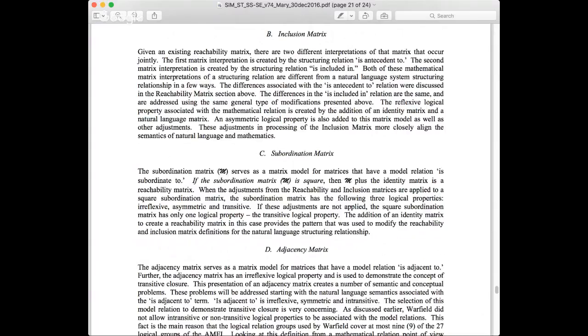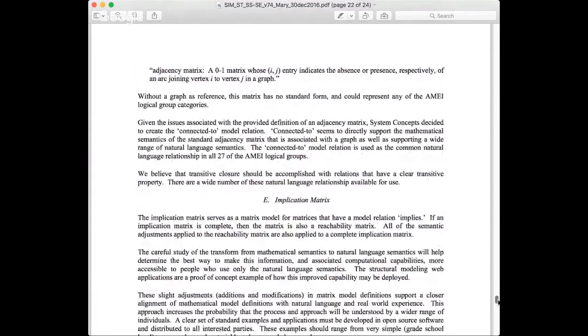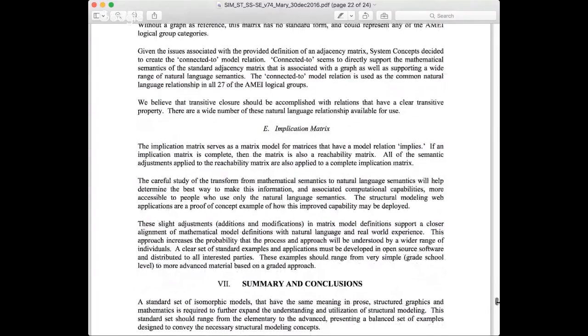Shoot for those for March, see how far we can make it. And then we'll go to the implication matrix for April.